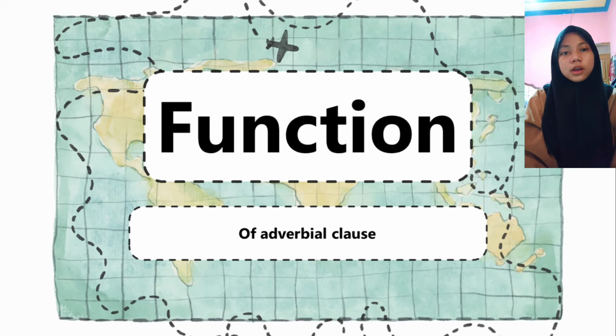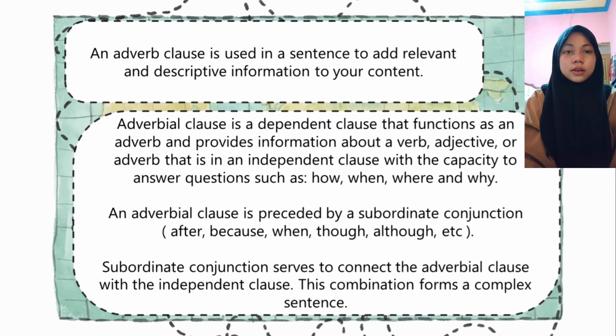Okay, now I will explain the function of adverbial clause. An adverb clause is used in a sentence to add relevant and descriptive information to your content. An adverbial clause is a dependent clause that functions as an adverb and provides information about a verb, adjective, or adverb that is in an independent clause, with the capacity to answer questions such as how, when, where, and why.